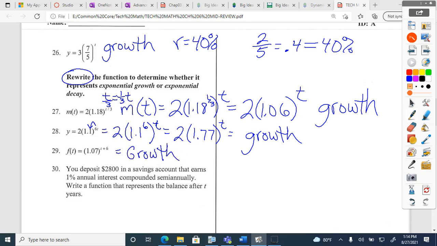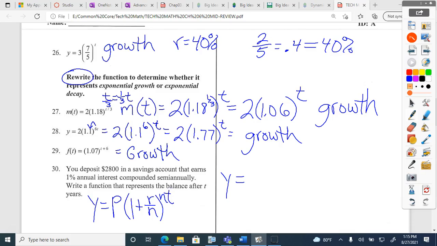And last but not least, we have one little compound interest problem. So y equals, I'm going to write it down here just in case people need it at home. Y equals the principal times 1 plus r over n to the n times t power.